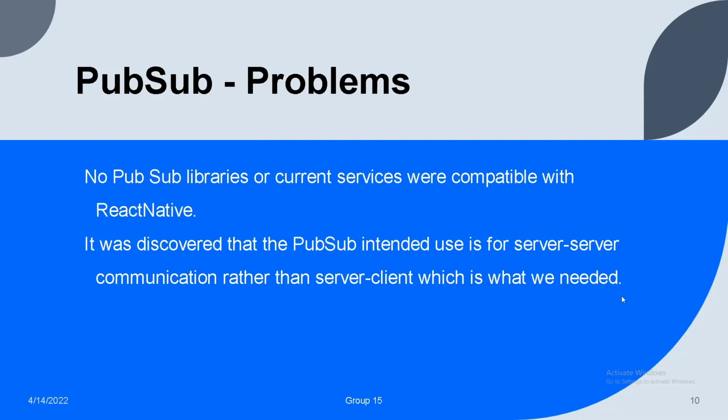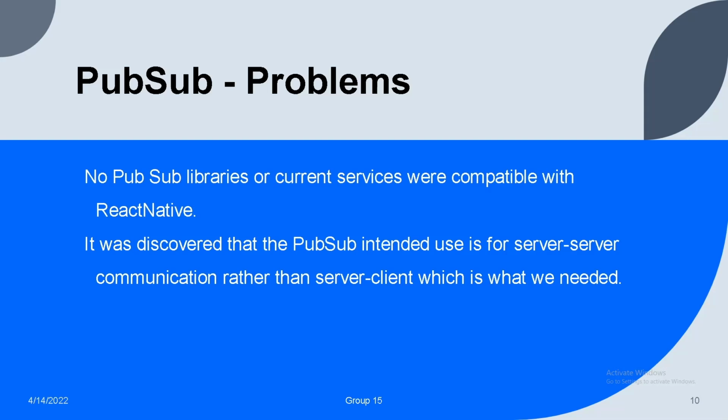The problem with this was a couple of things. Basically, there were no publisher subscriber producer or consumer libraries or services that were compatible with React Native. This seems to be to do with the fact that they need to use TCP connections, and it's just not really compatible with a mobile application.